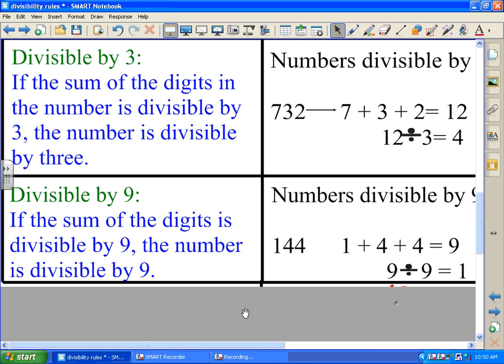If the sum of the number's digits is divisible by 9, the entire number is.